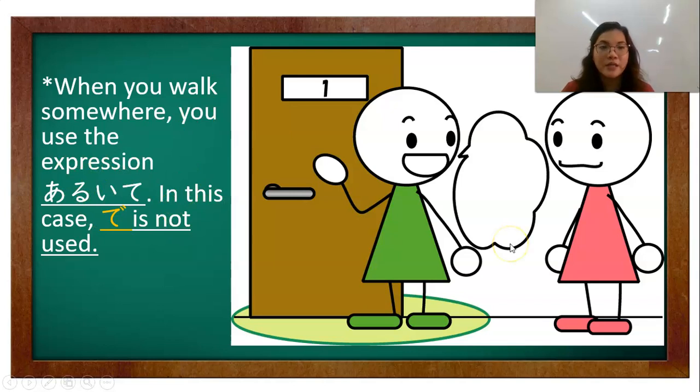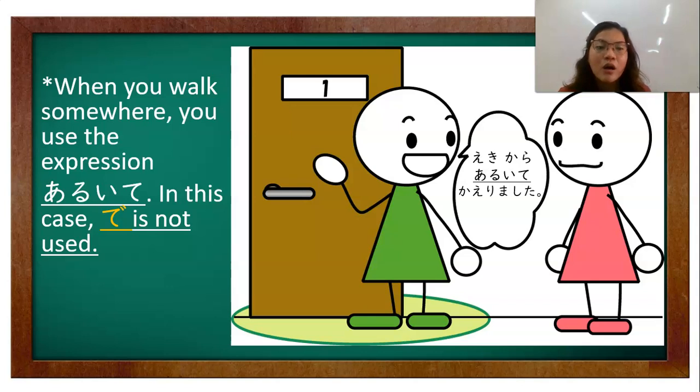For example, sasabihin mo sa friend mo na from station, naglakad lang ako papuntang bahay. Station is eki, and from is kara. So, eki kara aruite kairimashita.